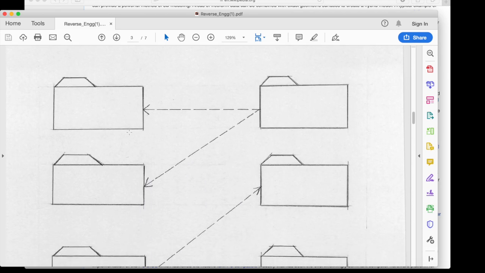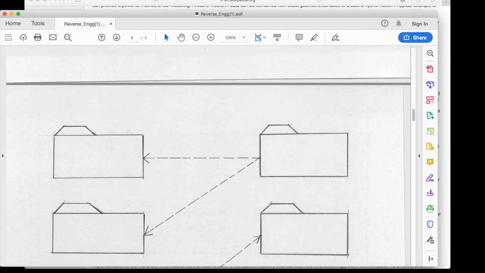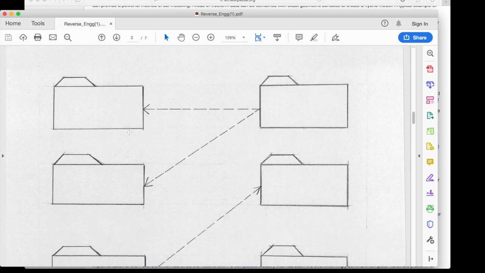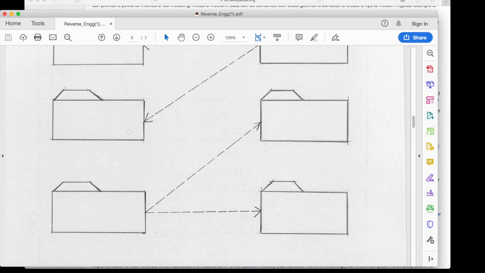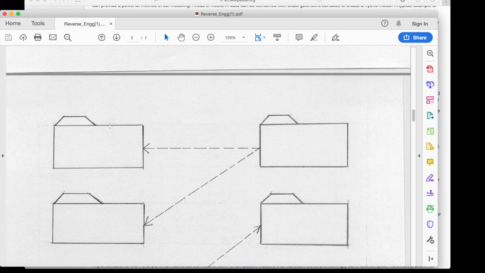Now, supposing after you have read the source code and determined the packages in that source code, you came up with 10 packages right here. And you determine the association or the interrelation between packages.